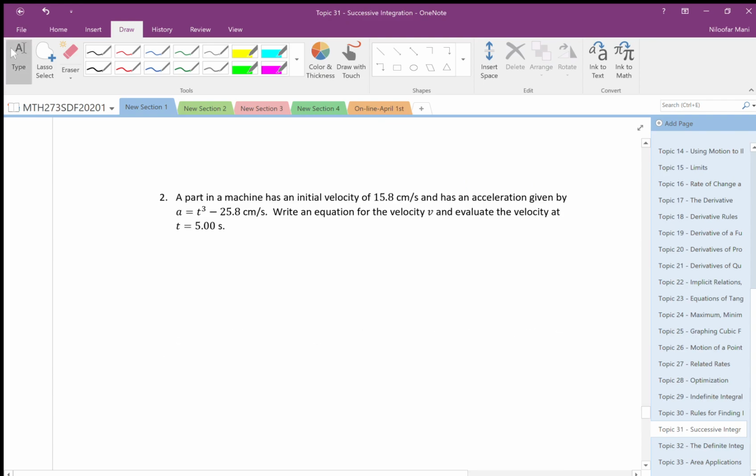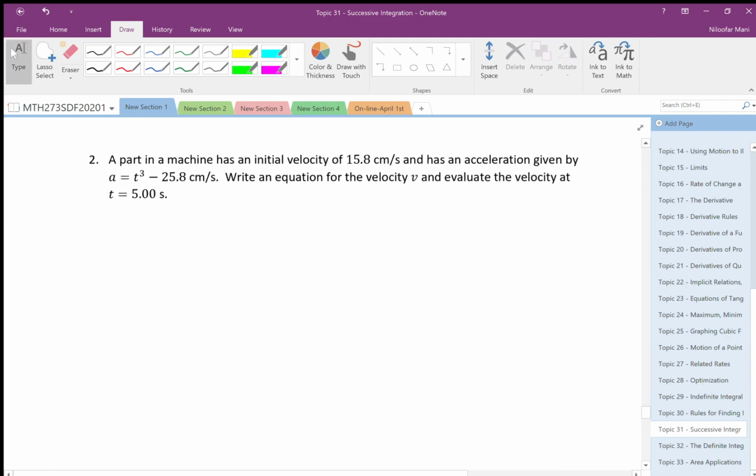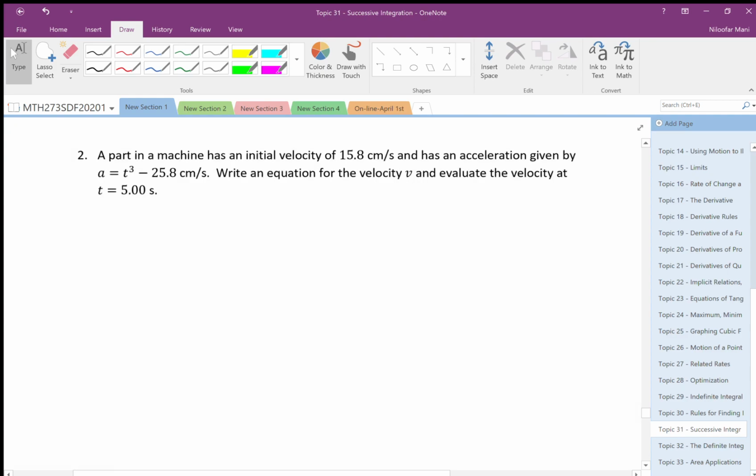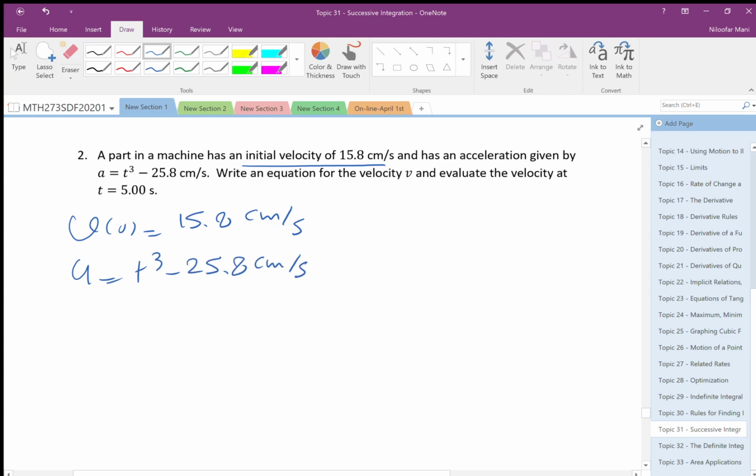Okay, so a part in a machine has an initial velocity of this. So initial velocity means v0. V0 is 15.8 centimeters per second and has an acceleration given by this. Acceleration is t cubed minus 25.8 centimeters per second squared.